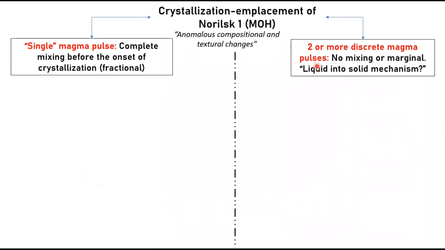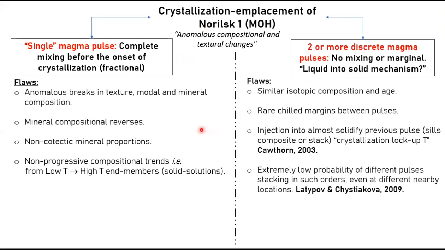So these are the main hypotheses trying to explain the anomalous compositional and textural changes in Norilsk 1. And these are the main flaws that each of the hypotheses needs to overcome or explain.